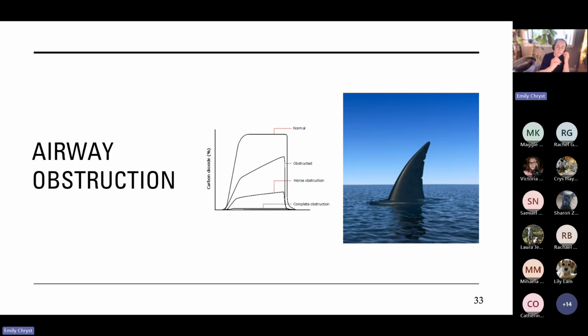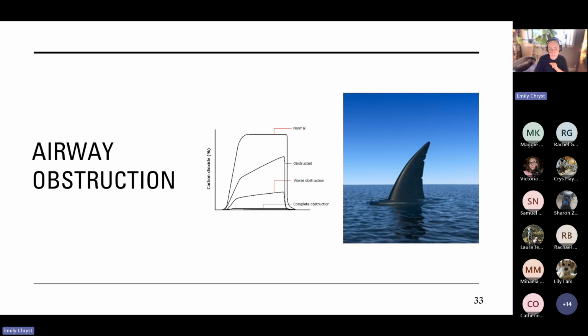Because they're trying to breathe through a smaller and smaller area as that obstruction worsens, which means the airflow is going to be stilted, and we're going to get this sort of shallower line on our capnograph waveform. And this is called a shark fin waveform. It's a nice way to remember it: that nice steep increase, plateau, and steep decrease, we get this shark fin.